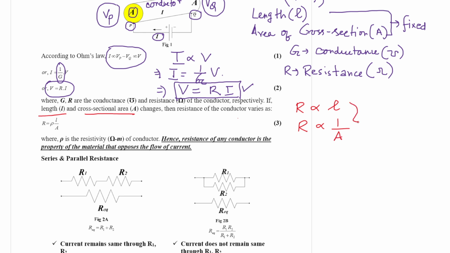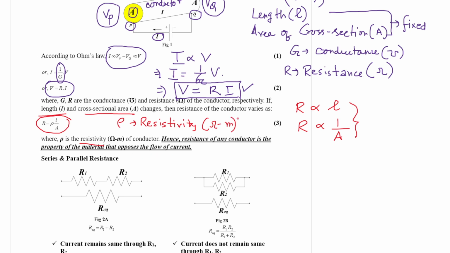So these are the two fundamental relations. If you club them two, then you get the well-known form R is equal to rho into L by A, where rho is called resistivity of the conductor. Unit should be ohm meter.